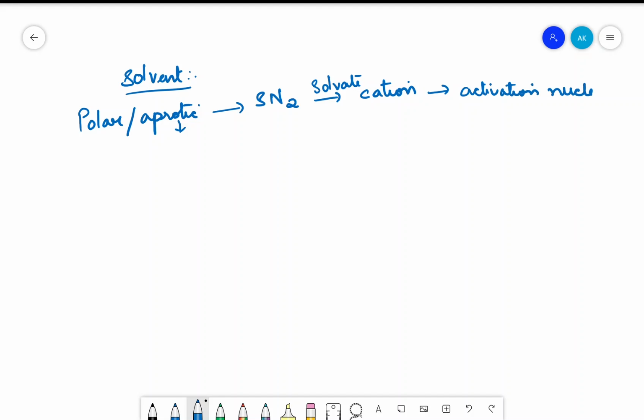In the notes, it is said that it makes your nucleophile more naked or more available. That means it is more available.